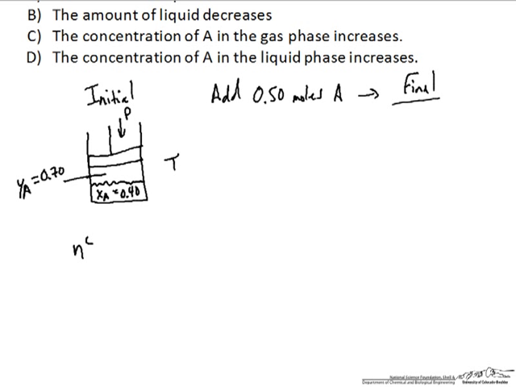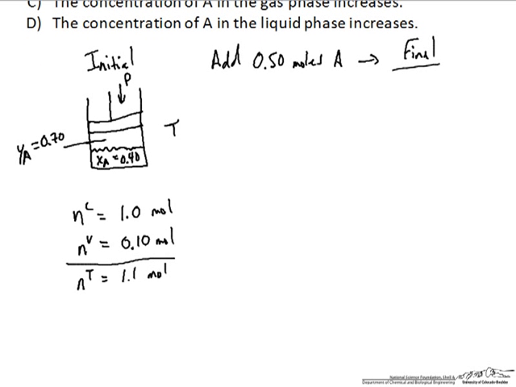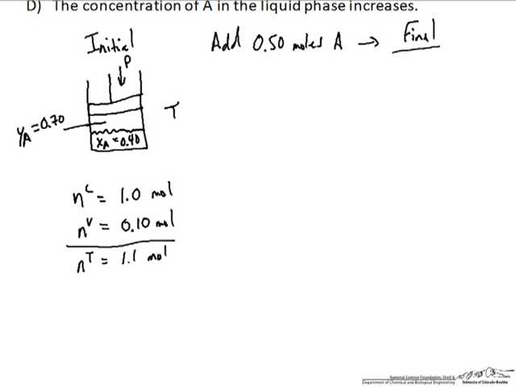Number of moles of liquid is equal to 1.0 moles from the problem statement. We're also given that the number of moles of vapor is equal to 0.10 moles, and that means that our total number of moles is 1.1. We furthermore are given information on the composition of component A, so we'll write down some more of this information.